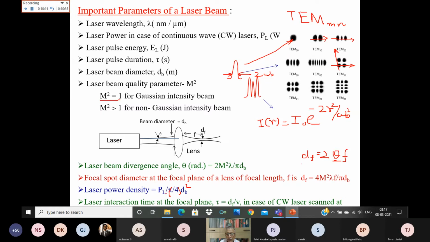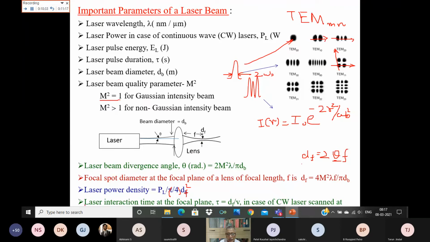And when you divide the laser power by this beam area, spot area here, it should be dF. So it is the dF. I'll correct it before I send it to you. Okay, so this is going to be your power density at this point.